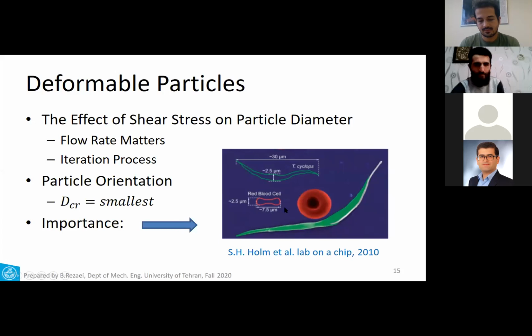You see this T. Silops, I really don't know the right pronunciation of this bacteria. We wanted to separate this. This is some kind of disease from the red blood cell. And when these particles are deformable, the flow rate of the device matters, because now if we increase the flow rate, there is more stress on the particles. It can change the radius.